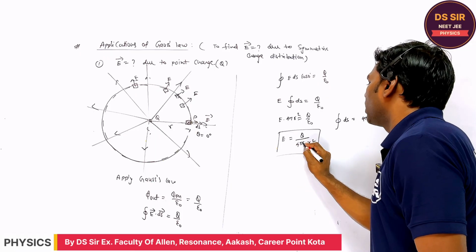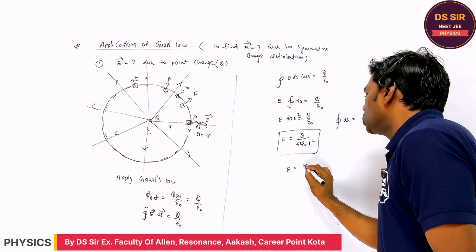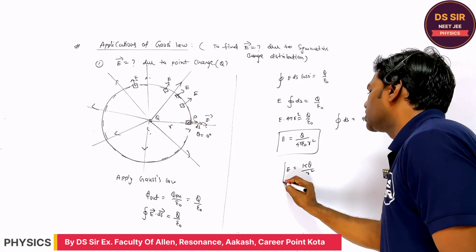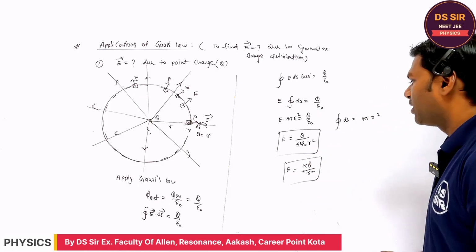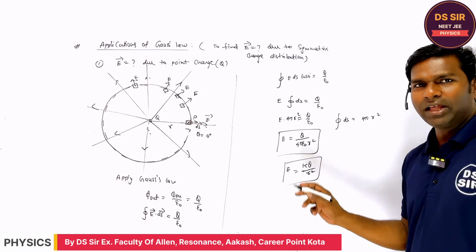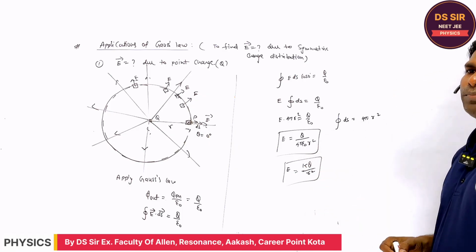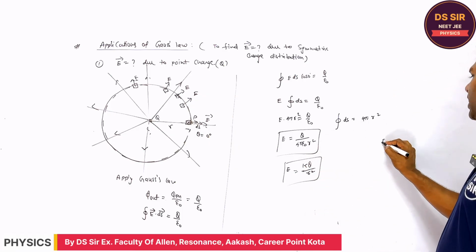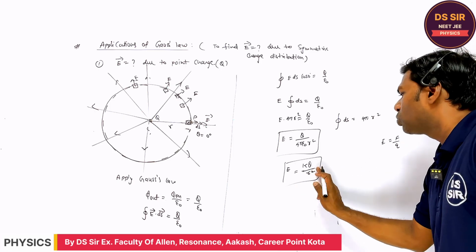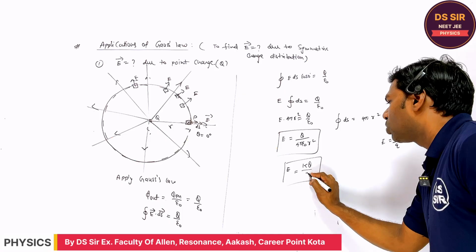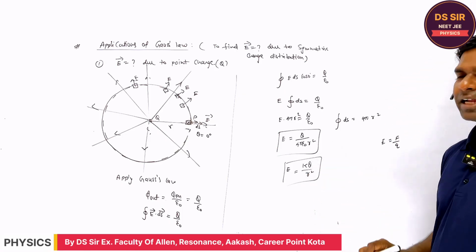So we have found the electric field due to the point charge with the help of Gauss's law. We have seen this earlier with the help of Coulomb's law, where the definition of the electric field is force per unit charge, right? But without Coulomb's law, with the help of Gauss's law, we have found the electric field.